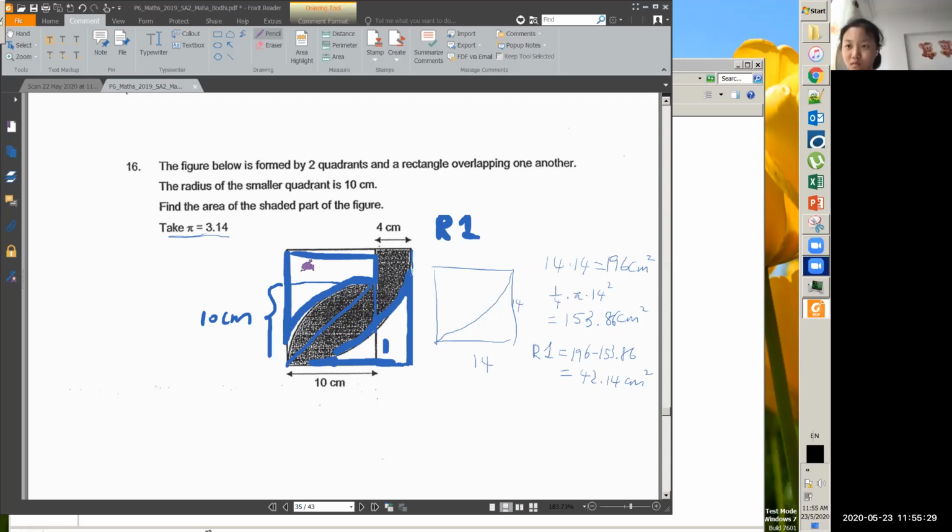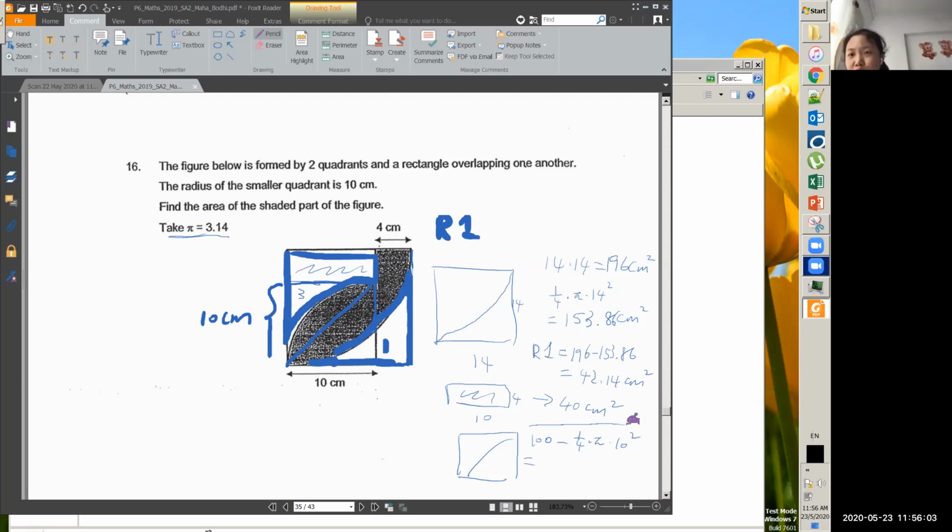Okay, then now, I think it's very easy to find out this part because it's 4 times 10, which is 40, right? And now, it's also quite easy to find out this region 3. This is 10 times 10, which is 100, minus 1/4 pi r squared. What is r here? 10.